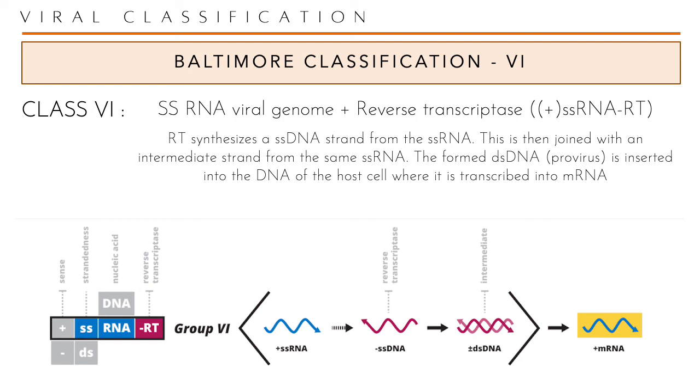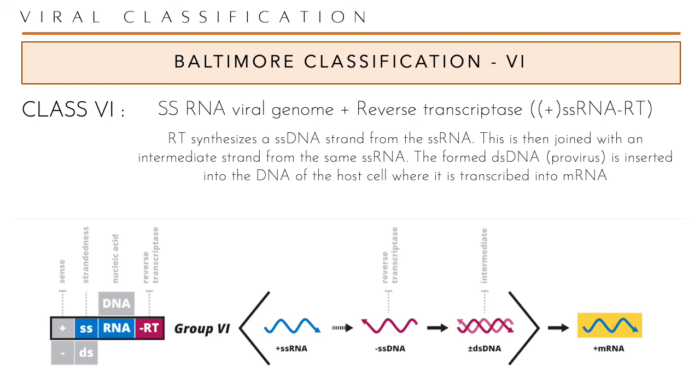Okay? This DNA is then inserted into the DNA of the host cell, where it is transcribed into mRNA. Okay? So there is this reverse transcription that happens with this class.